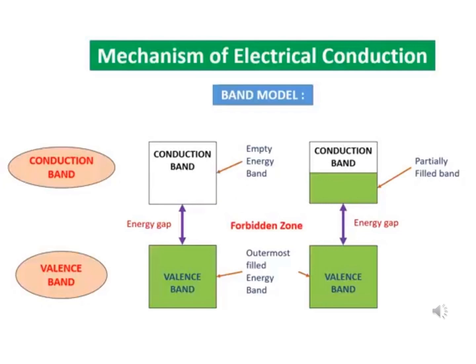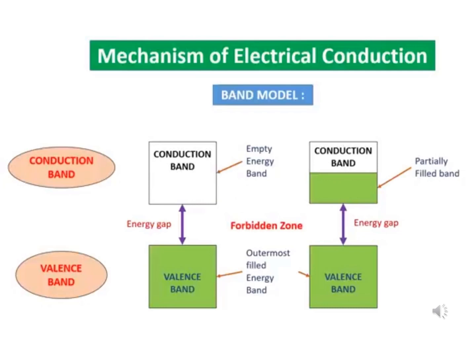So the valence band is actually the outermost filled energy band, and the conduction band is an empty energy band, or it can be a partially filled band. When an electron moves from the valence band to the conduction band, it needs some energy.